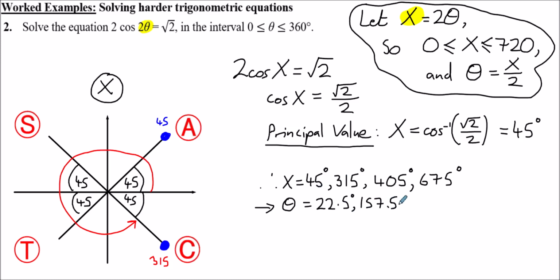And again, please do use your calculator for this. 405 divided by 2 is 202.5. And lastly, 675 divided by 2 is 337.5 degrees. And that's all of them.